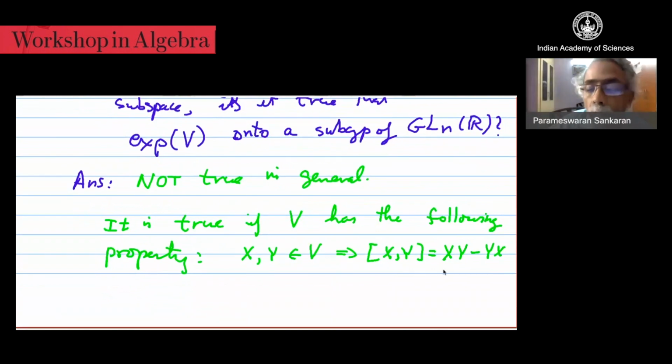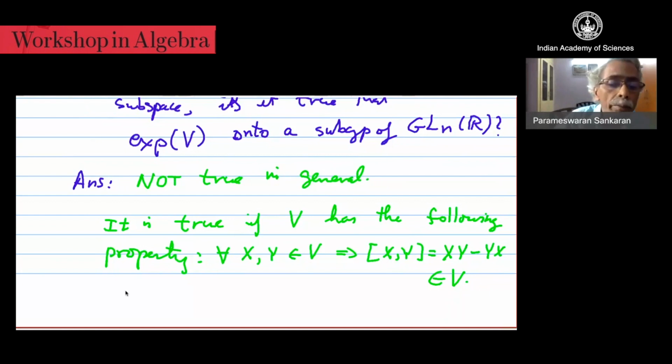This must also be in V. For all X, Y in V, the Lie bracket of X, Y must be in V. Okay, if this happens, then it is true.